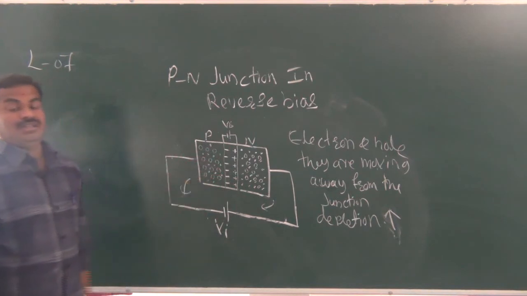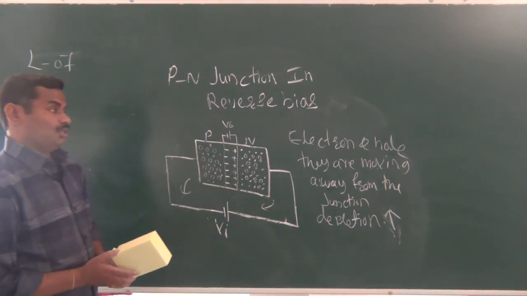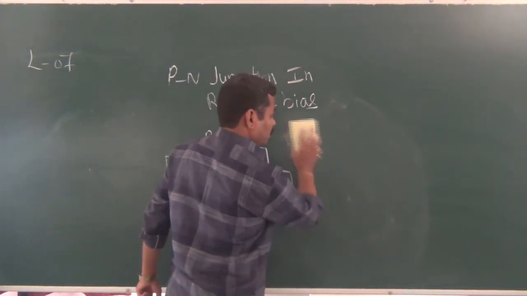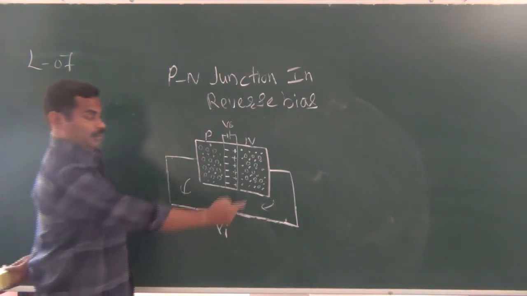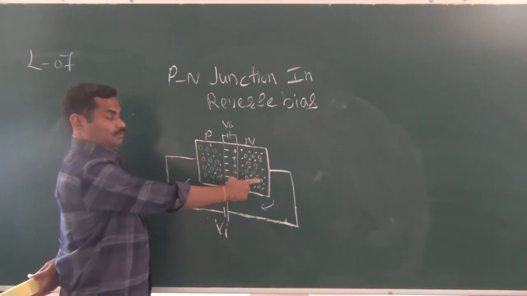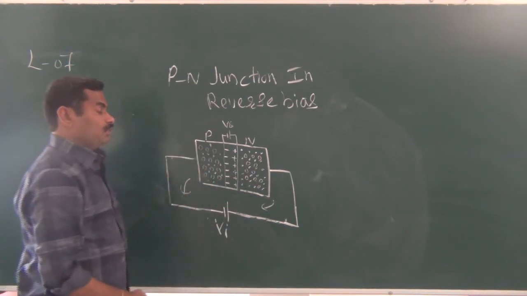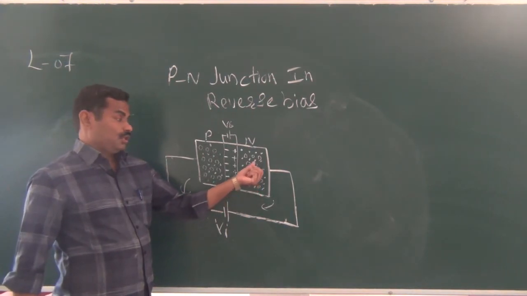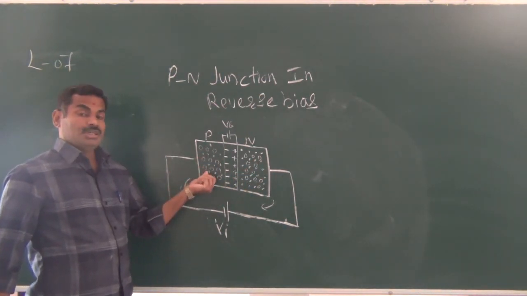And what is the current in the reverse bias? What type of current is there in the reverse bias? Actually, in the reverse bias, the current is because of the minority carriers. Look here, in the N type you are having holes, and in the P type, electrons. In the N type, the holes are minority carriers.